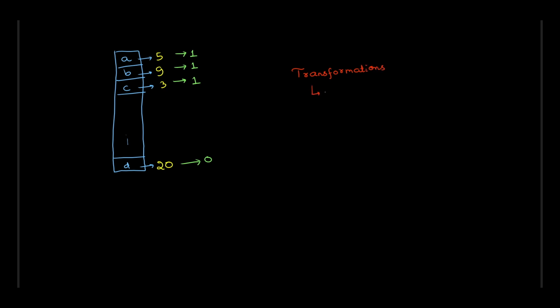The first transformation is that only the parity matters. So you convert each frequency to frequency modulo 2, right? So this will bring it down to a set containing only 0 and 1.